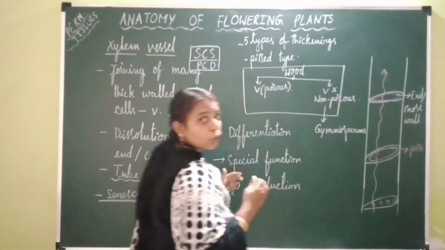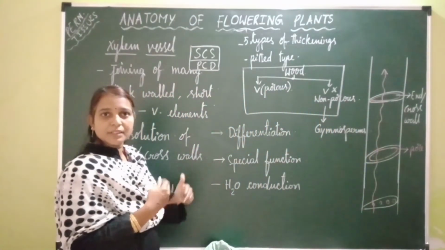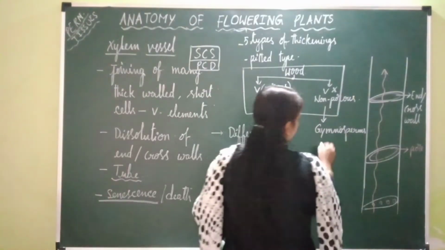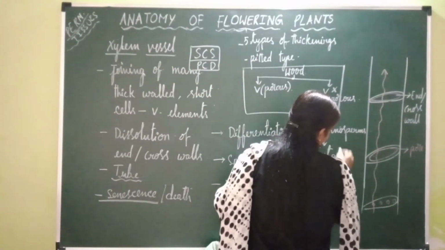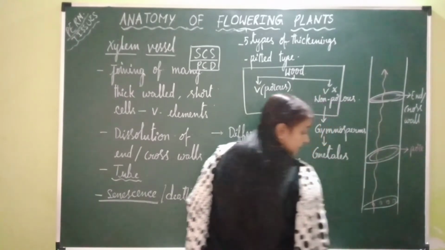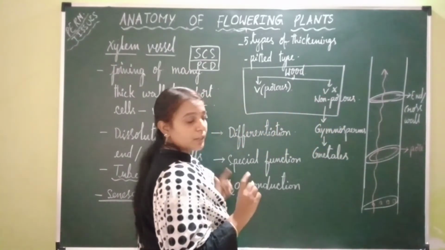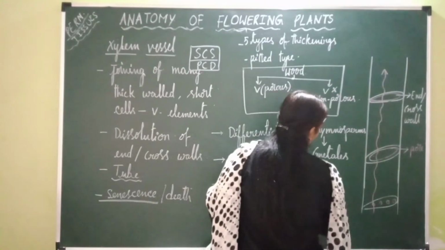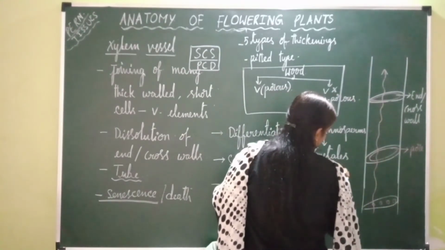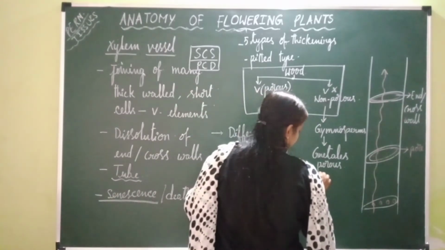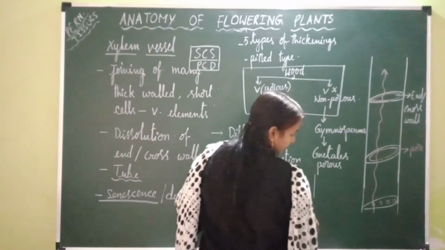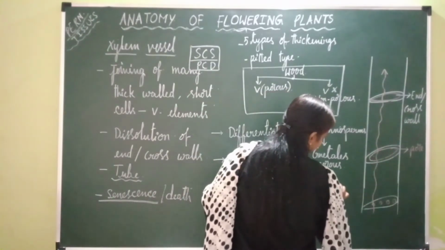But in an advanced group of gymnosperms called Gnetales, vessels are present in the xylem. That means what type of wood is present in this group? Porous wood is present in this Gnetales group of gymnosperms. Under Gnetales, I am giving 2 genera, that is Gnetum and Ephedra.